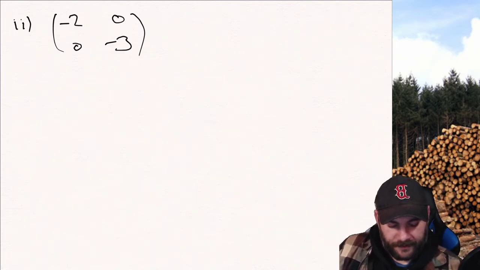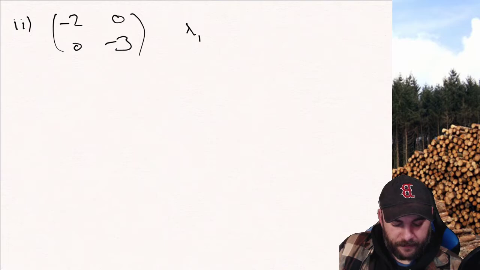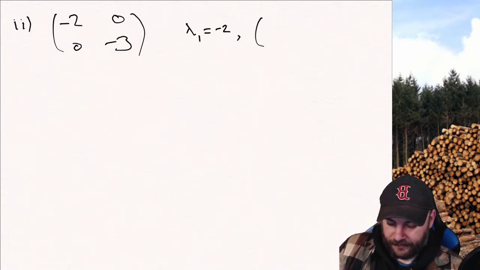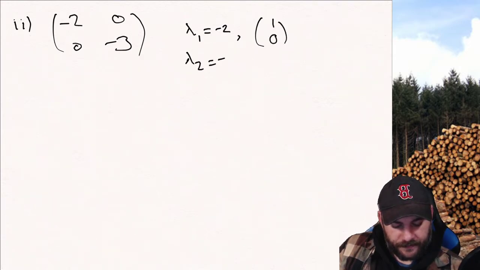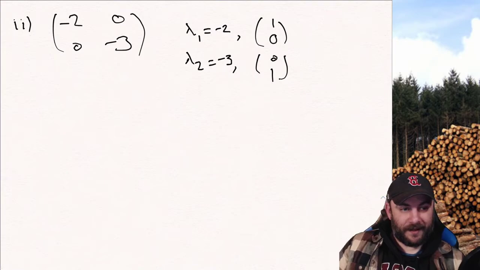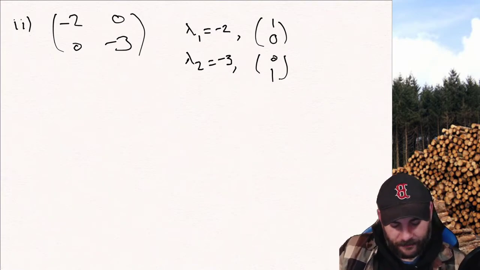I'll do more complicated ones later. So first off, lambda 1 is negative 2, and it has the eigenvector 1, 0. And lambda 2 is negative 3, and it has the eigenvector 0, 1. You can pretty much see that on the matrix.